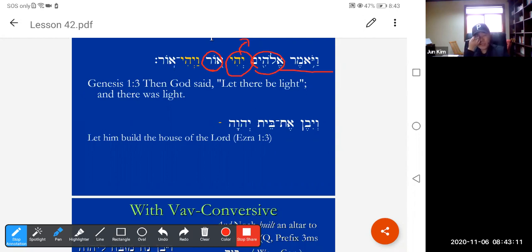So the translation: let the light be. Or you can even use the meaning of there is for haya. So the translation is let there be light, or let light be.